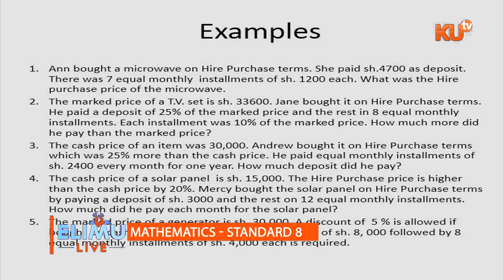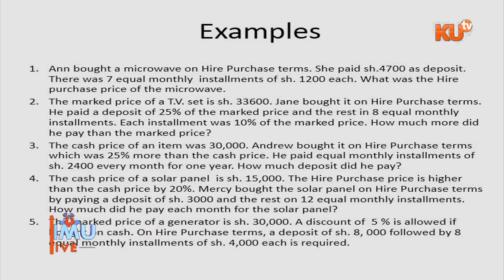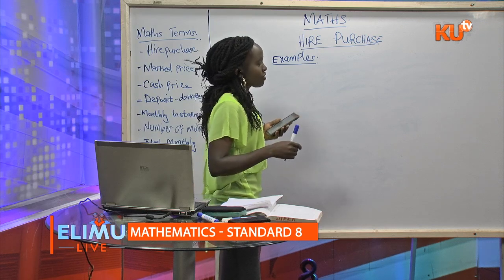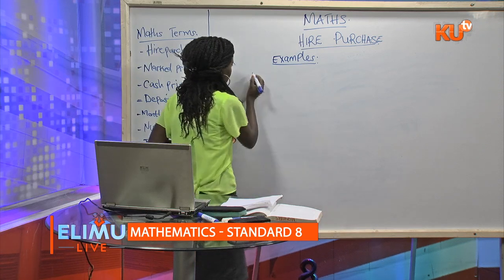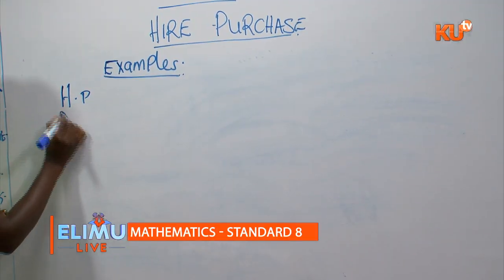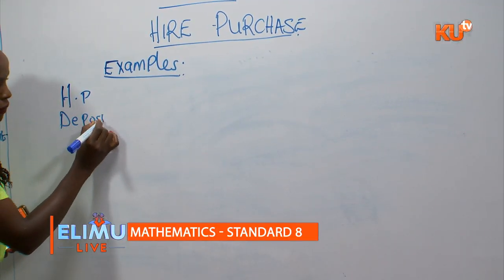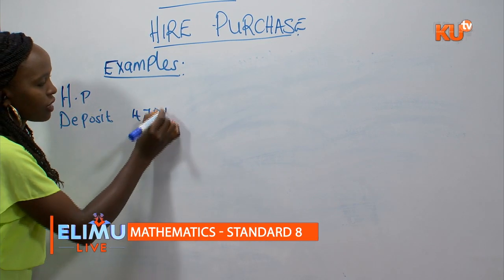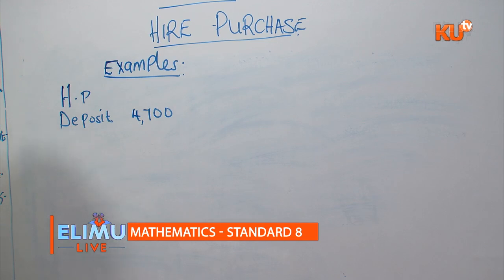Read a sentence after the other and write down what they have given you. We start with the first sentence. Anne bought a microwave on hire purchase terms. So in our minds, we know that this person bought it on hire purchase terms. She paid 4,700 as deposit. So we start writing. She bought it on hire purchase terms, and then she paid a deposit of 4,700 shillings.